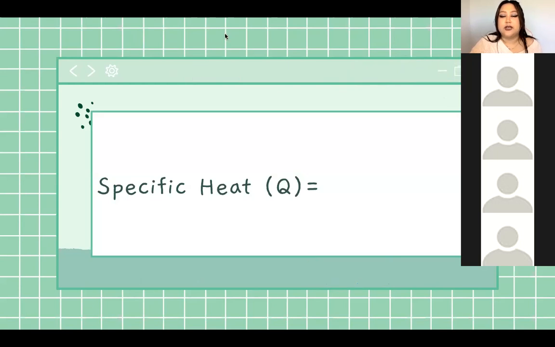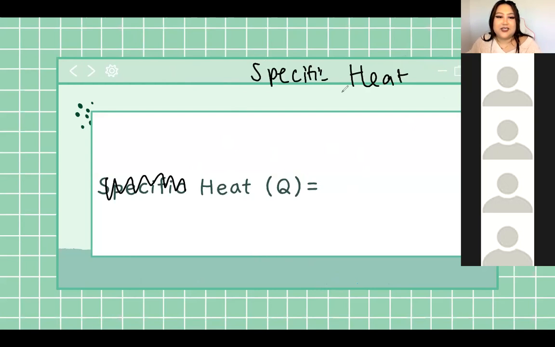So can anyone tell me the formula for specific heat? I meant to make this the title for specific heat, but this is just heat. Ignore this.